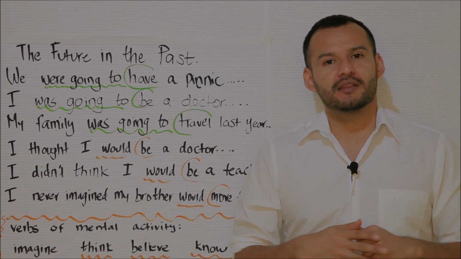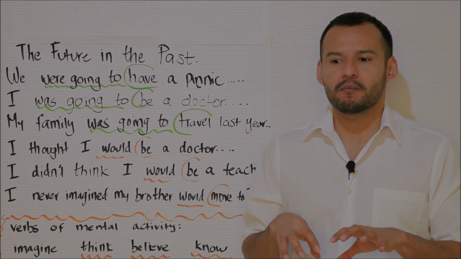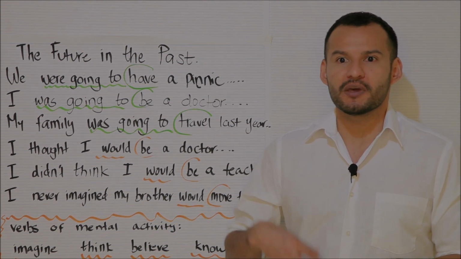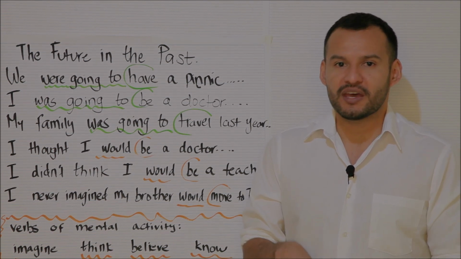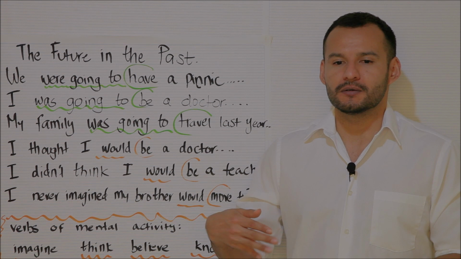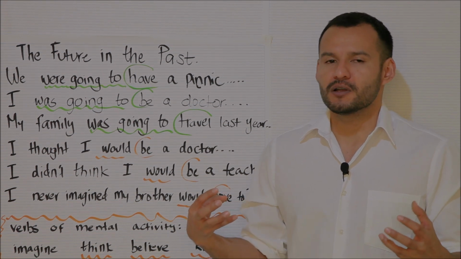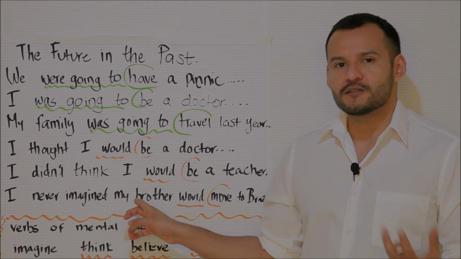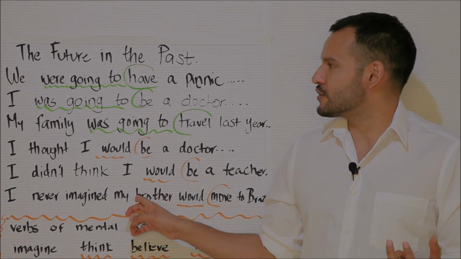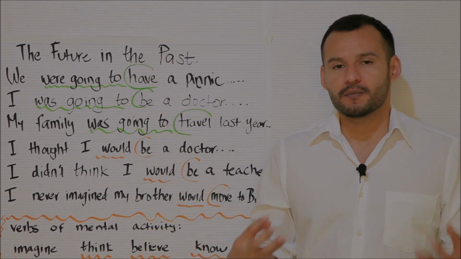Now, in the same way that to talk about our plans that we have in this moment or to make predictions in the future, as of this moment, we have different ways to indicate that, most commonly with going to and will. It is also possible to use a couple of different structures to talk about the future in the past.